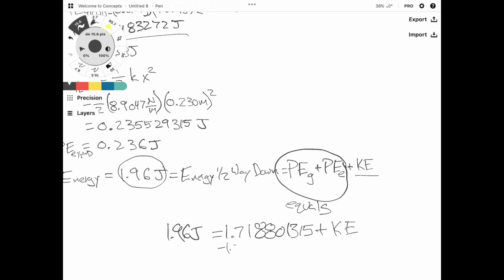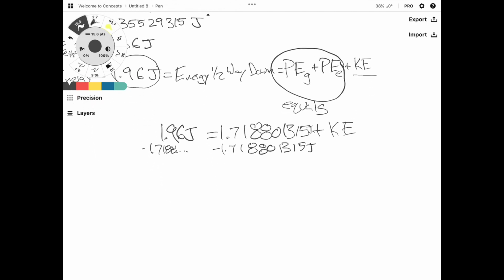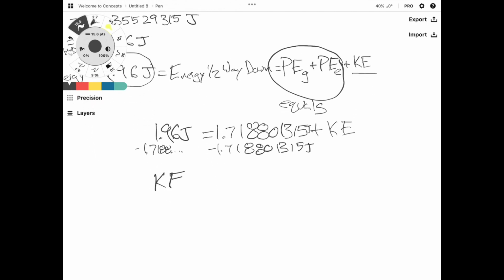So if I subtract 1.71881315 joules from both sides, I get that my kinetic energy is equal to 0.241198685 joules. Way too many significant figures, but I'll just keep it for now.